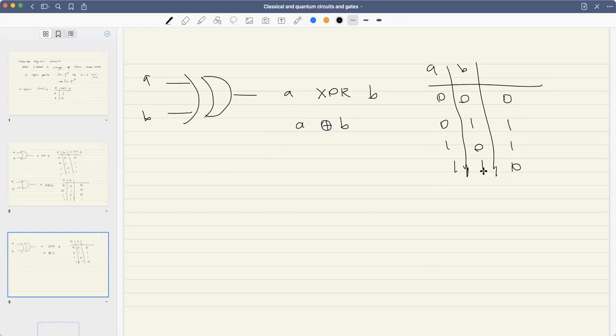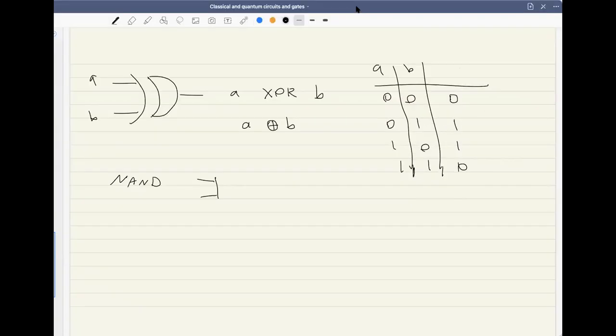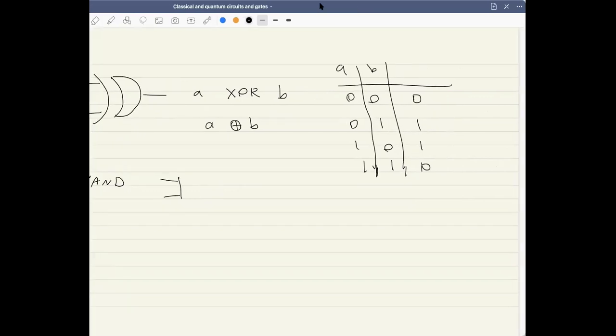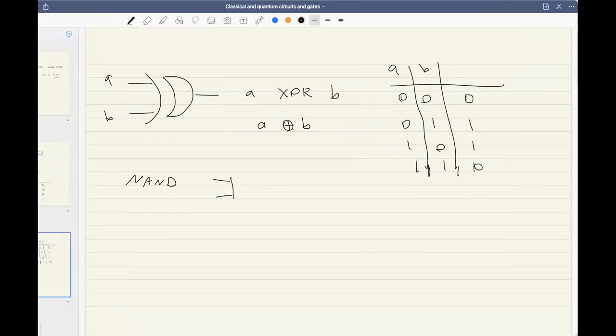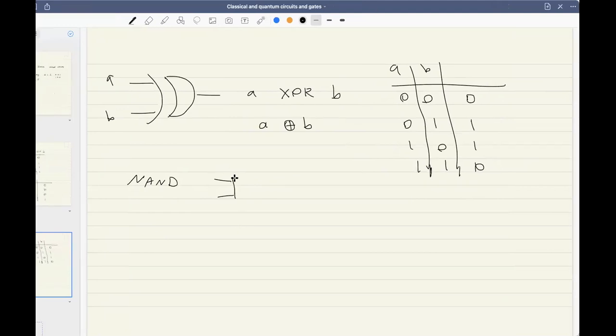Then there are a couple of others. There's something called the NAND gate, which is nothing but an AND and a NOT. So you can draw it like this. Well, first let me draw the notation here. So this is again like the AND, and I put an empty circle here. So that's the notation for NAND, and this is the same as putting an AND and then taking the output and putting a NOT there.